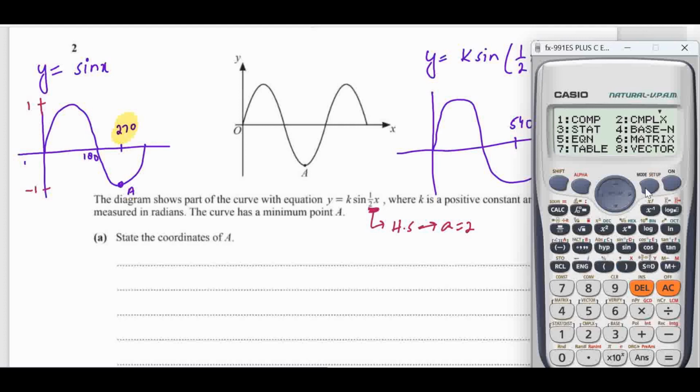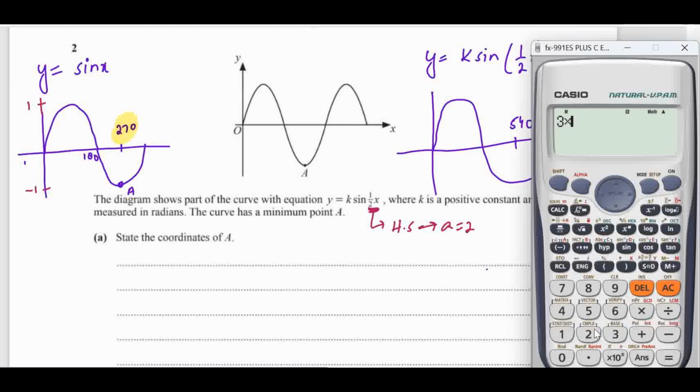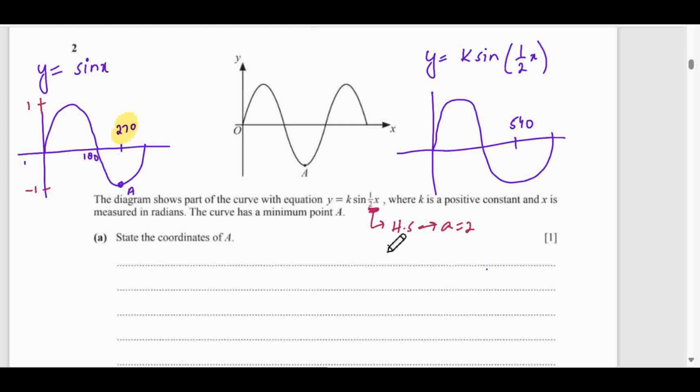Let me change the calculator into the radian mode. So shift 3 pi. So we know that 3 multiplied by 180 is equal to 540. So it means that this point will be at 540.